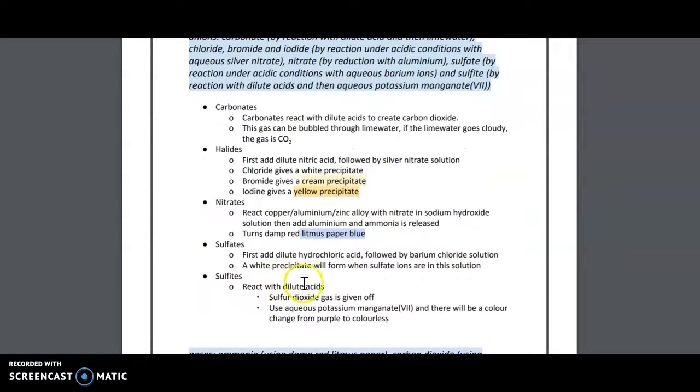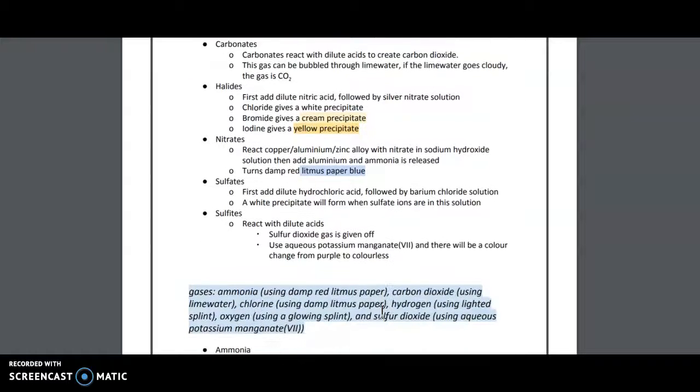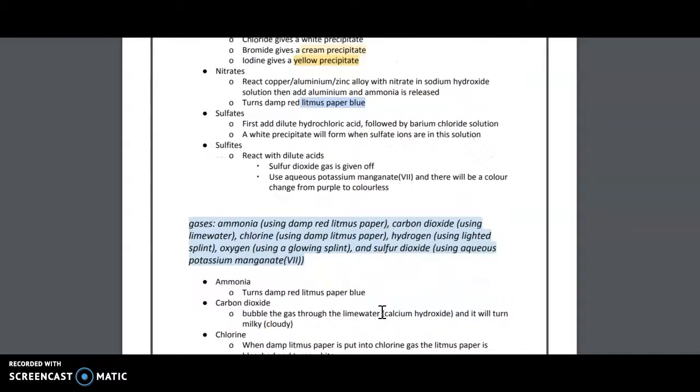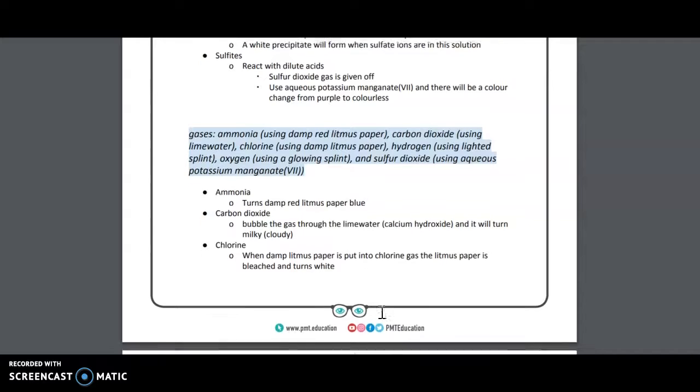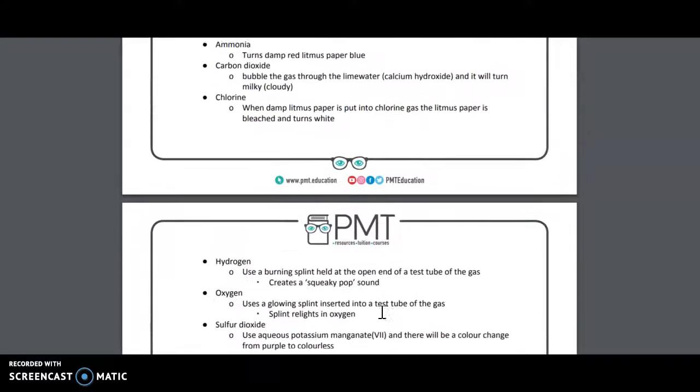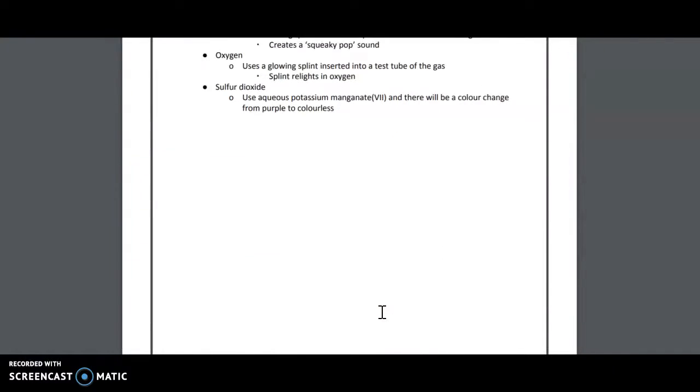Sulfites will react with dilute acids, so they'll give off sulfur dioxide, and you can use potassium manganate to give a color change. As for the gases, I shared a video of this with you, so I'm not going to explain them all right now. I'd rather you watch it that way.